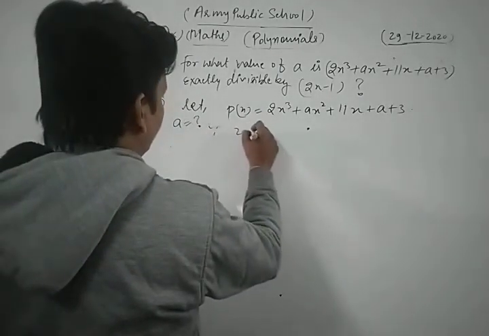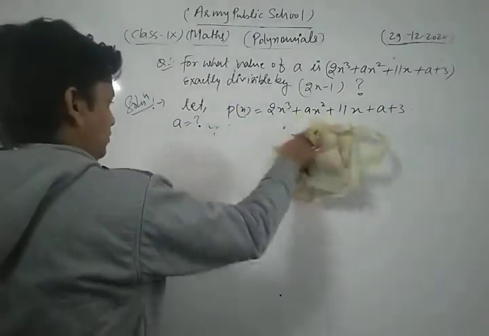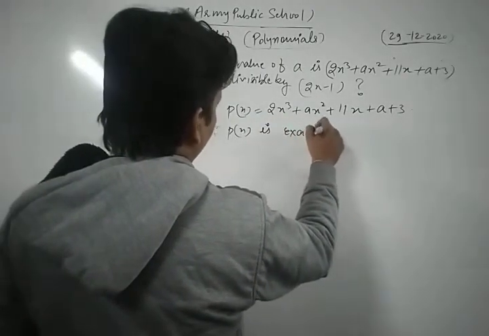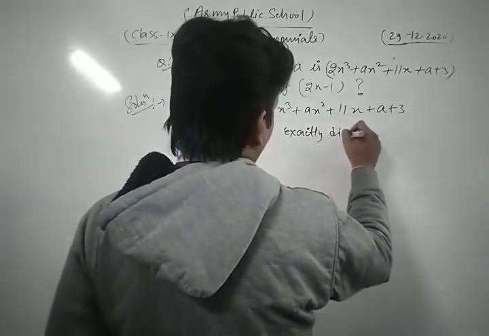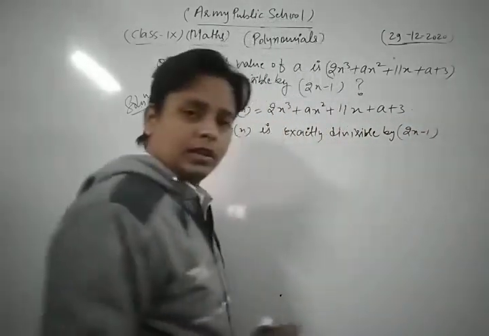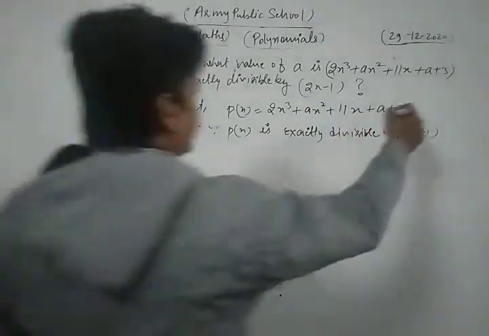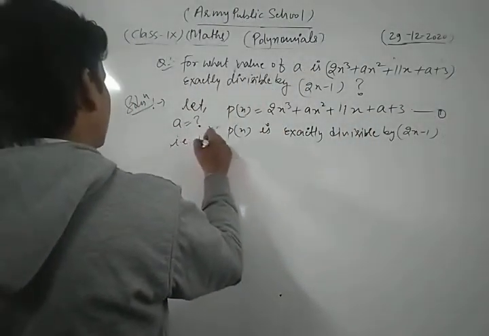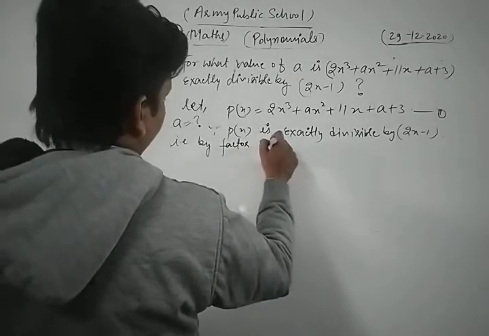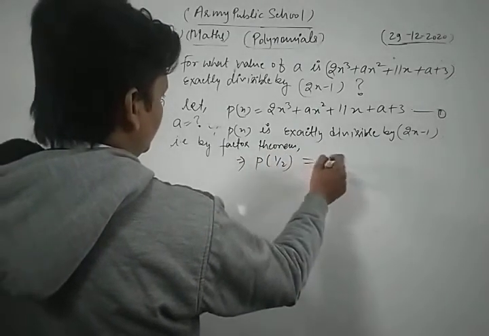Since p(x) is exactly divisible by 2x minus 1, that is, by the factor theorem, p of 1 by 2 must be equal to what? 0.